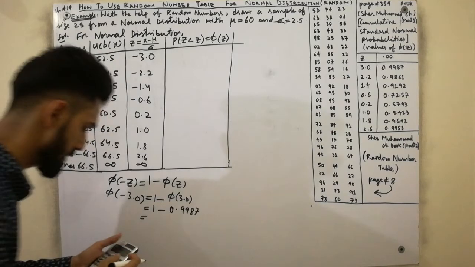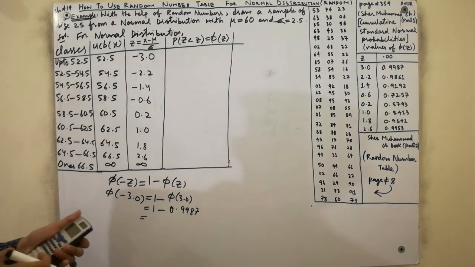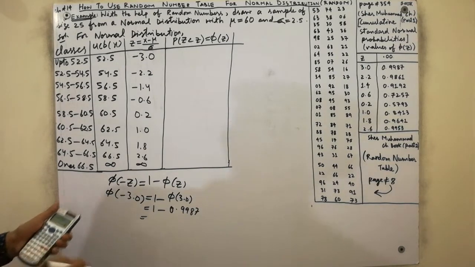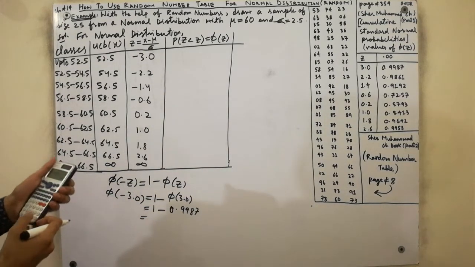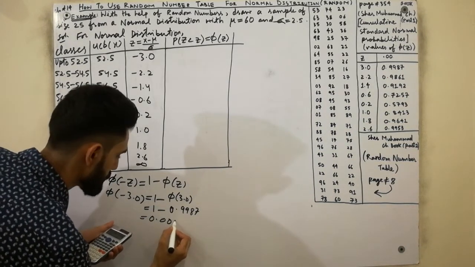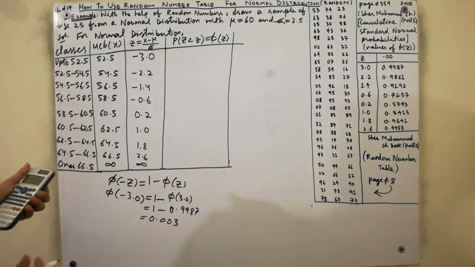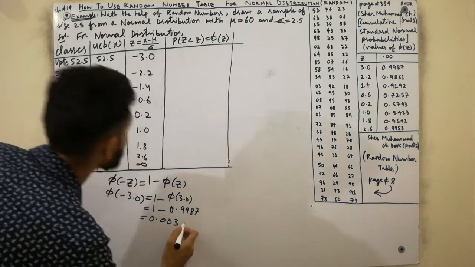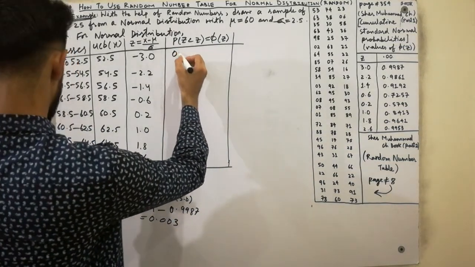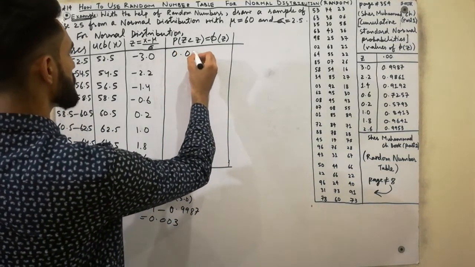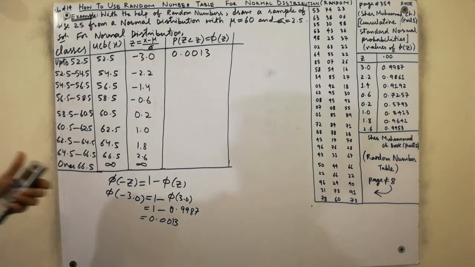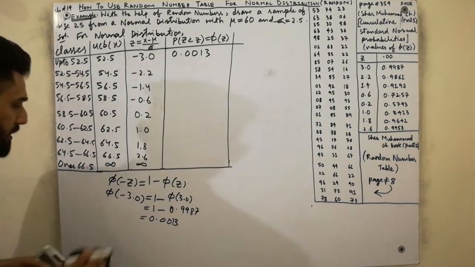Now I'm calculating 1 minus 0.9987. We get the value 0.0013. I hope that we are clear with that.